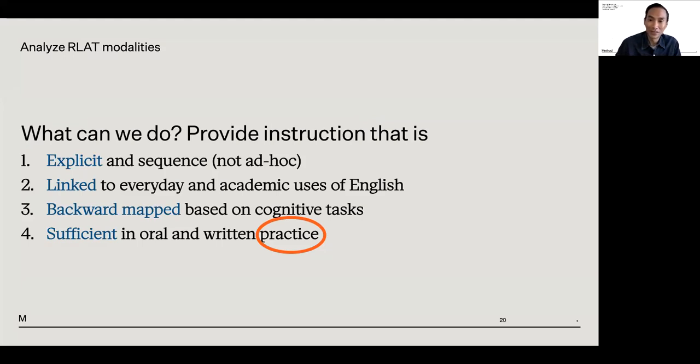Once you have their task in mind, then you need to map backwards in order for you to be able to have a better class, and build in oral and written practice for them to use those words. It's not enough to listen to words, but you also have to produce them. And that should happen daily.